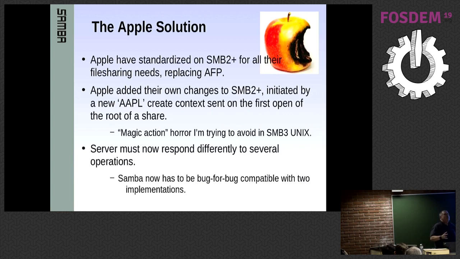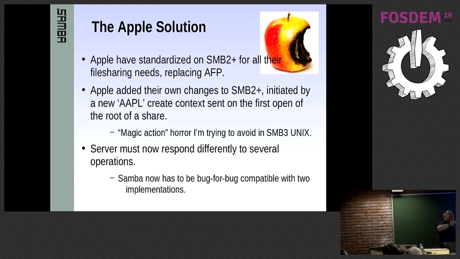So what they did was they said, we're just going to keep a regular SMB1 connection, and then at the point that you actually attach to the network share, the first operation for an Apple server is a special magic open.